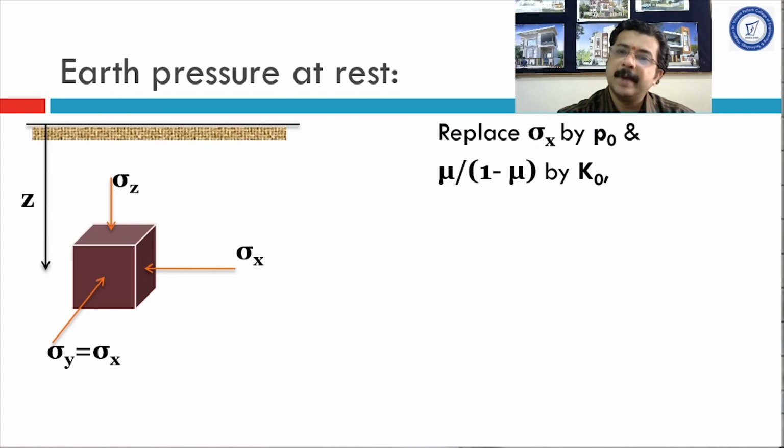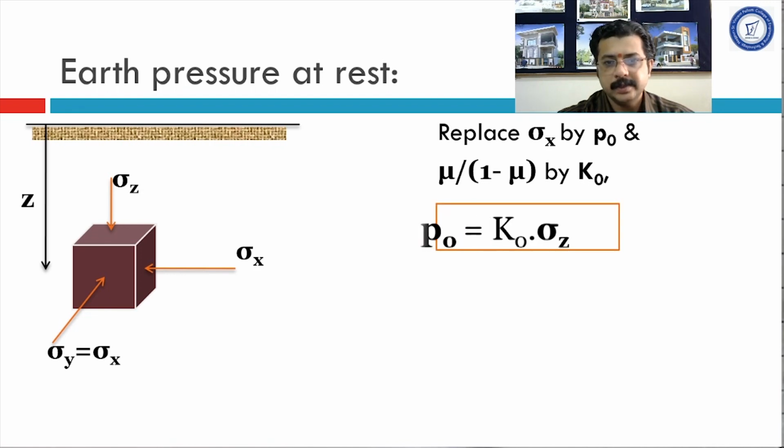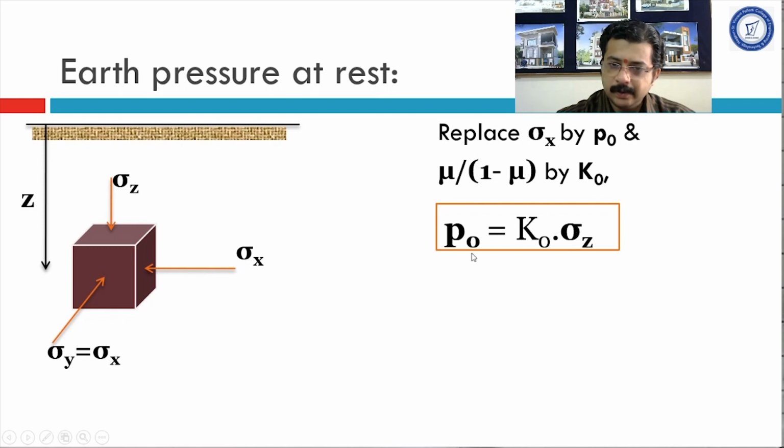So replacing sigma x by P0 and mu upon 1 minus mu by K0, what we get? Small p0 equals capital K0 multiplied by sigma z. Do you remember? This is the equation which we have seen in the beginning. So P0 equals K0 multiplied by sigma z.